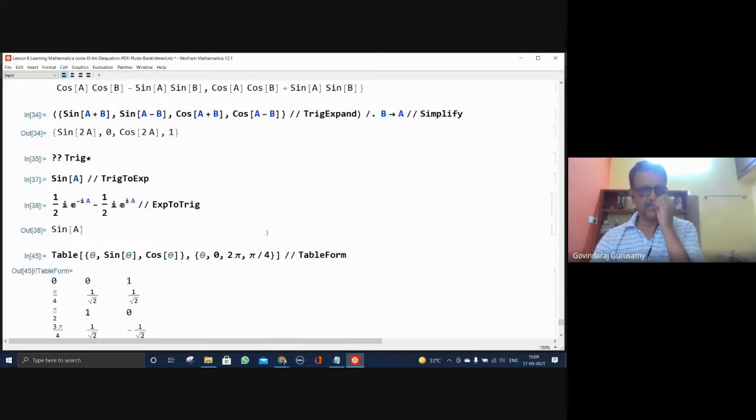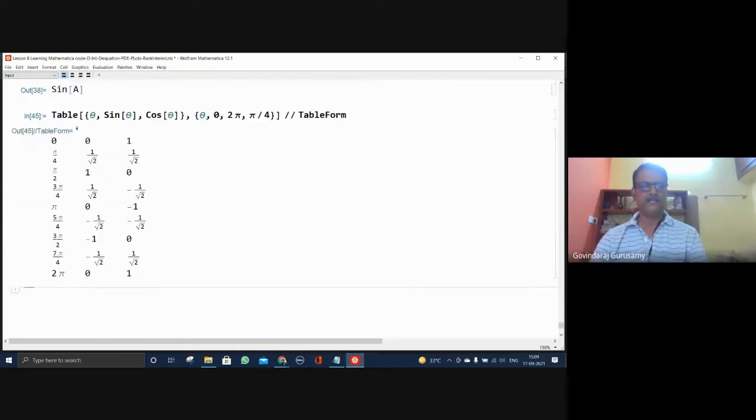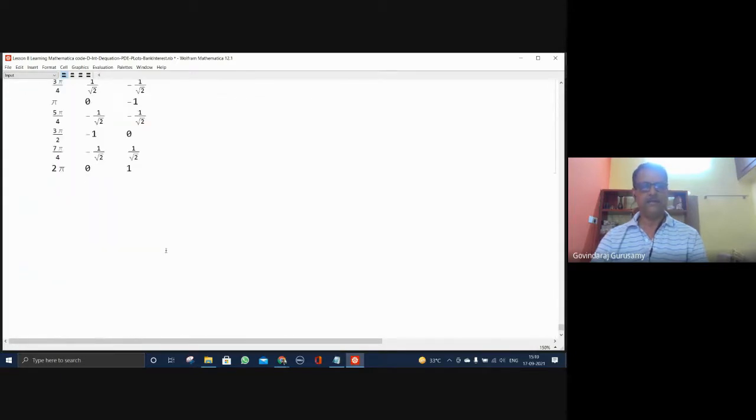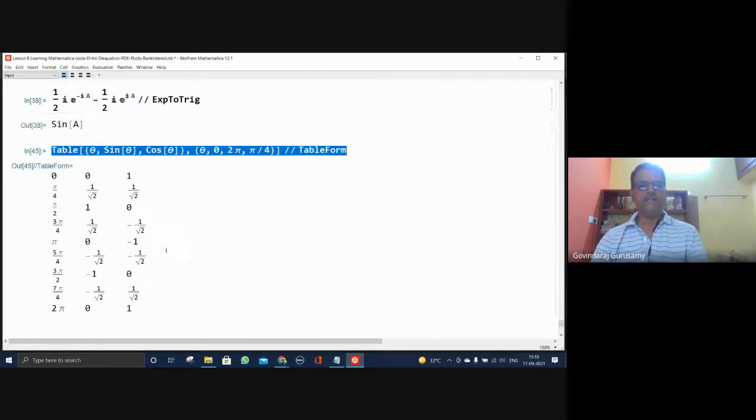But if you want to create them and use them at a later stage, create a table form, put the headings also, and keep it with you. And when you start Mathematica connected to this data, open it and refer to it. So immediately take the numbers and use them wherever you want. Like this, there are very important things that are required. You can always make a table and keep it with you for your other computational purposes.